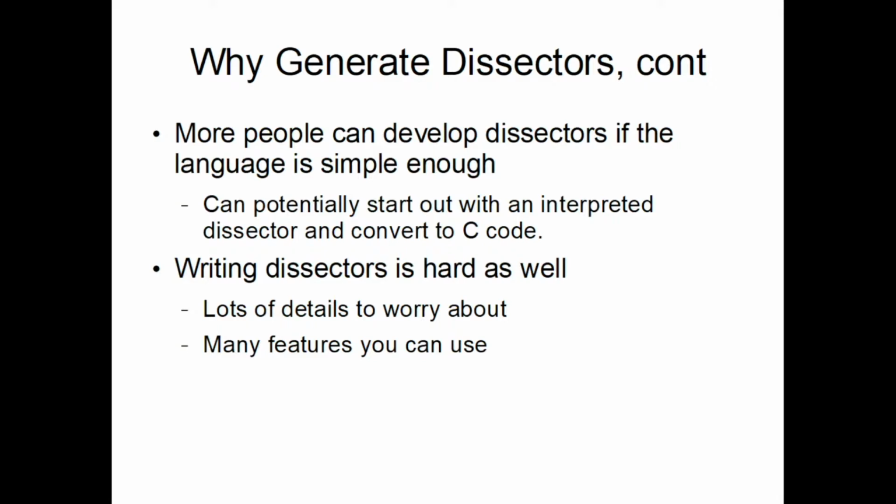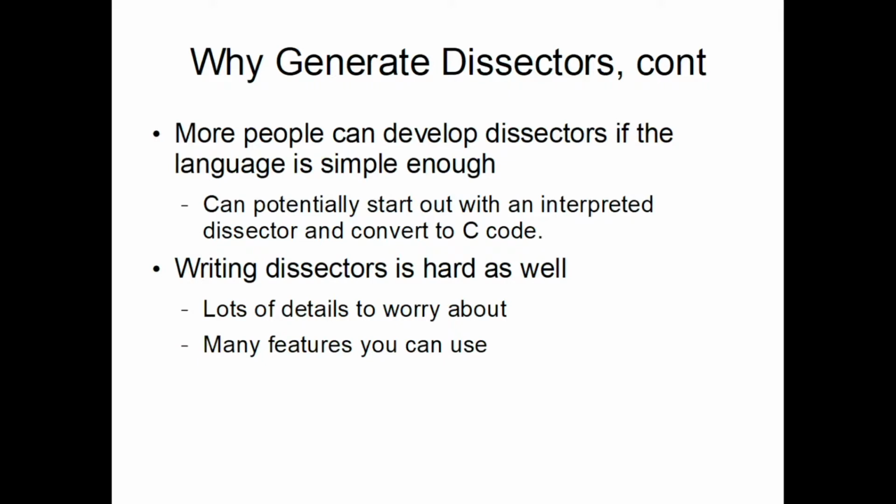also, of course, writing dissectors is hard. There's a steep learning curve. You have to create a build environment if you're going to write them in C. Even if you're going to write them in Lua, you have to understand the Lua functions in Wireshark, and you have to understand how these things map on to the functions, the features, and the provisions that Wireshark has.